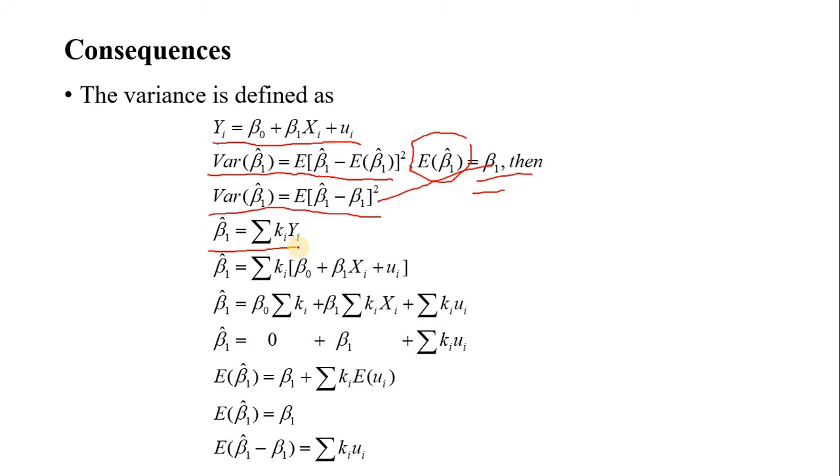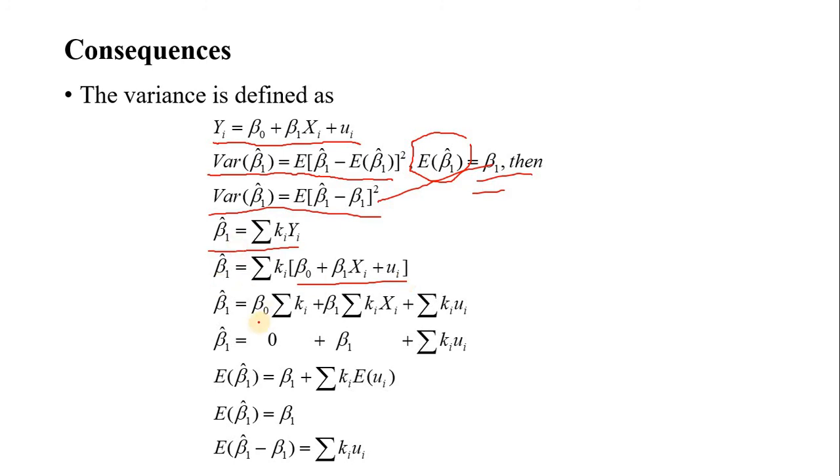Y can be expressed in terms of k, so beta cap 1 is equal to sigma ki into yi. If you substitute the value of yi, which is beta 0 plus beta 1 x plus ui, it will be beta 1 cap equals beta 0 sigma ki plus beta 1 sigma ki xi plus sigma ki into ui.